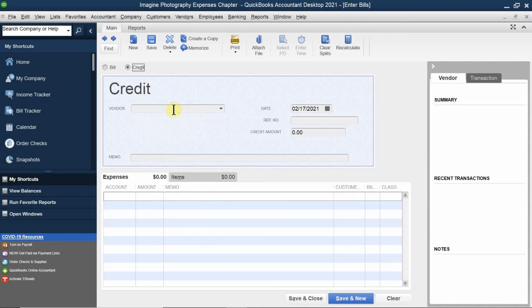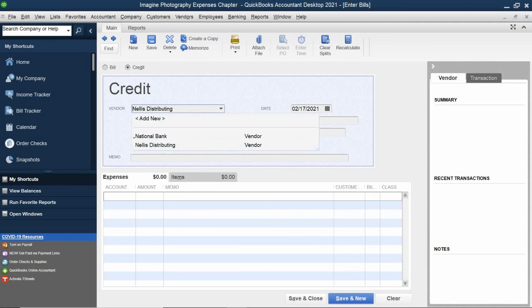Now, please, in QuickBooks, do not refer to this as a credit memo. In QuickBooks, this is called a vendor credit. A credit memo is when you give credit to a customer. Now, in the real business world, credit memos could be used for vice versa, vendor or customer. But when we're looking at QuickBooks specifically, you need to know there's a difference between a vendor credit and a credit memo.